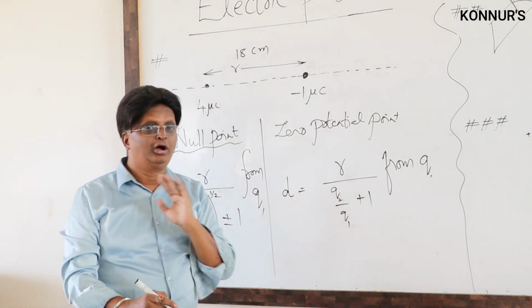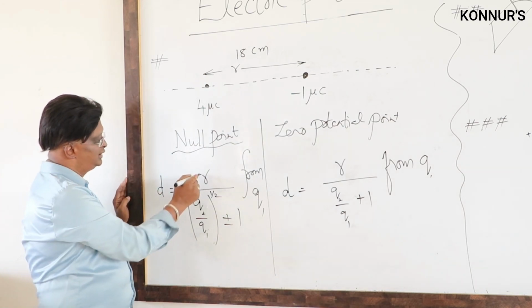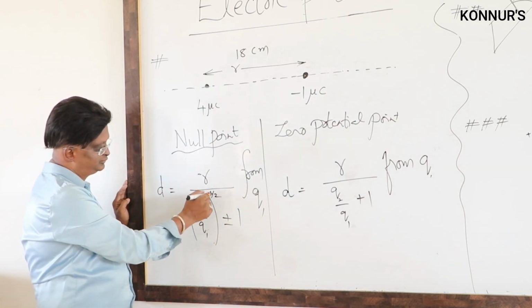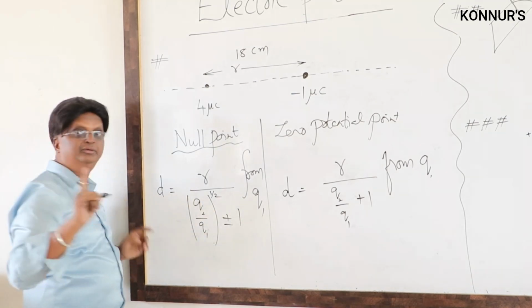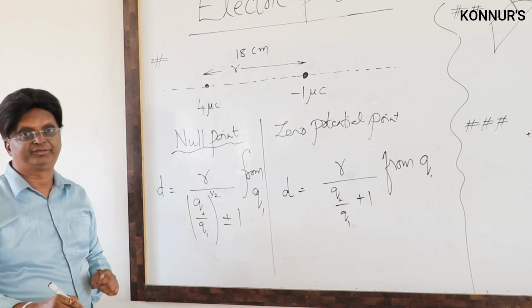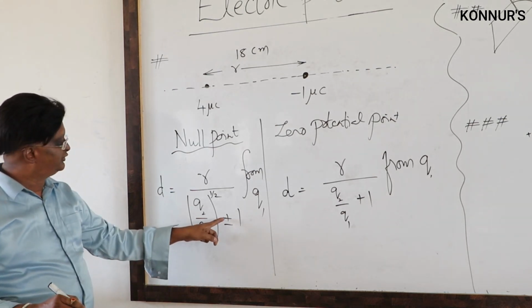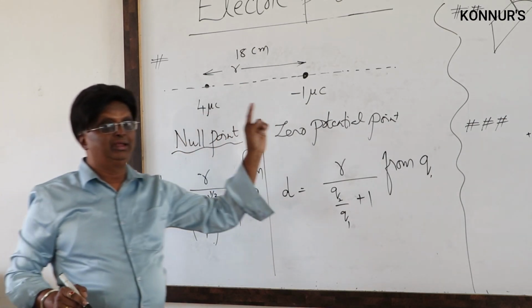It is not the order, remember. So now here it is D equal to R by root of Q2 by Q1 raised to the power half, plus or minus 1, from Q1. The most important point is about the plus or minus: when we use the positive sign and when we use the negative sign. Positive sign for a system of like charges.